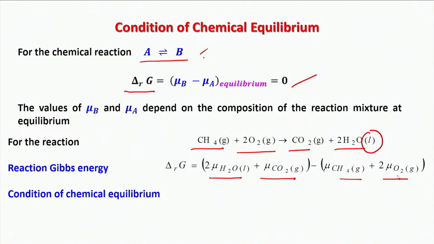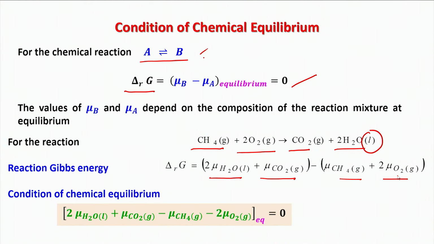Therefore, what is going to be the condition of equilibrium? At equilibrium, measure the composition of the equilibrium mixture. Then for that composition, do you know the chemical potential of water? If you know that, if you know the chemical potential of carbon dioxide, methane and the chemical potential of oxygen, then you can express the condition of equilibrium for this particular reaction.